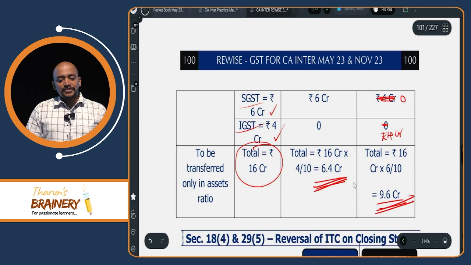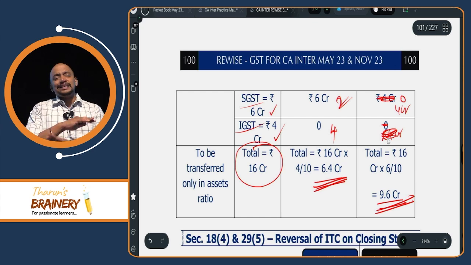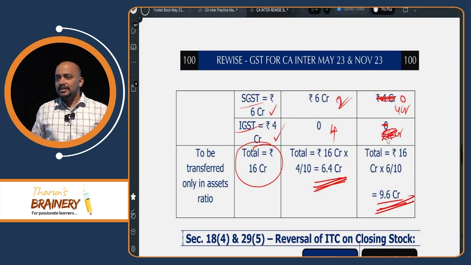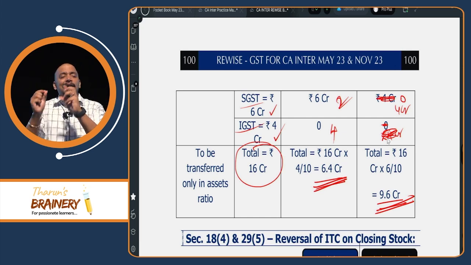So overall, which means I can give IGST 4 also, IGST 4, SGST 2, then also correct answer? Yes or no? So I can give IGST 4 to ABC, 2 crore to ABC, and 4 crores I will be giving it to PQR. I can internally decide, I can transfer any manner, but the overall ITC, I need to follow the assets ratio.